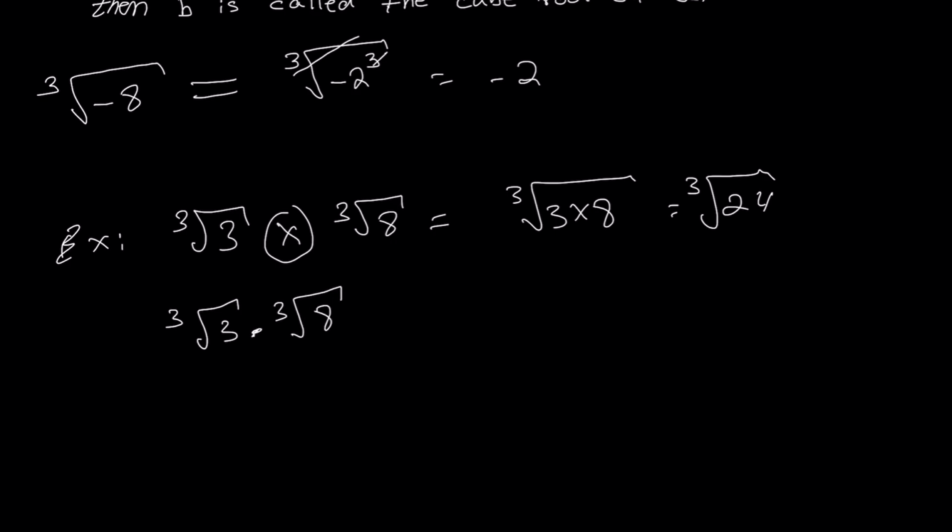We will use a dot multiplication sign because we will be starting pre-algebra, then algebra and polynomials in the near future, so x will not be confused with a multiplication sign. So this works exactly the same way: 3 multiplied by 8 will still give you the cube root of 24, and that should be the same.